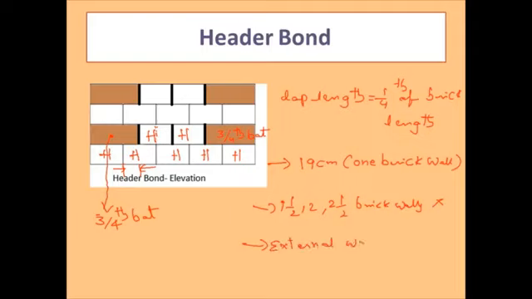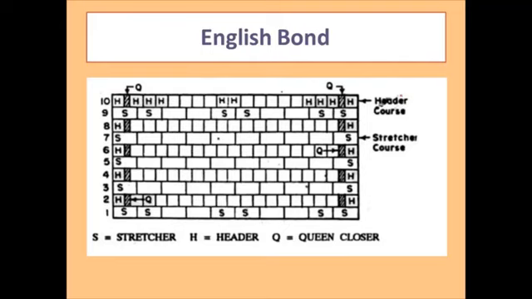Okay. Then the next type of bond, English bond. If you take the first bond, stretcher bond, the elevation of the wall completely consists of the stretchers. And in the second one, header bond, the elevation completely consists of the headers. Then in case of the English bond, the first course completely consists of the stretchers, and the second course completely consists of the headers.